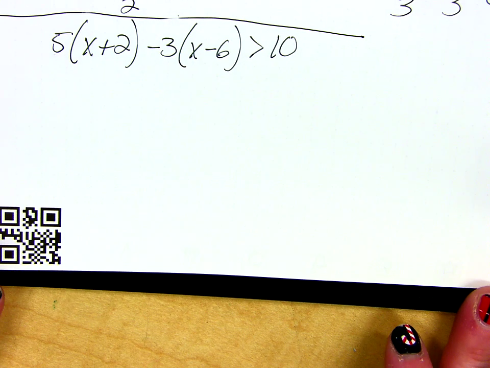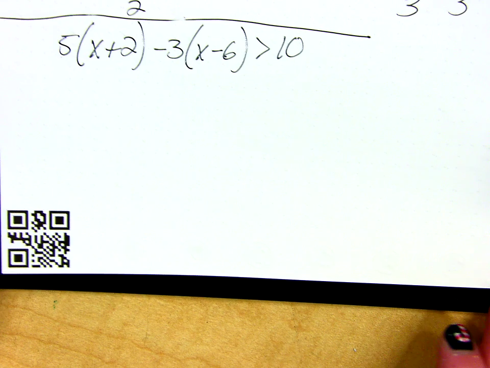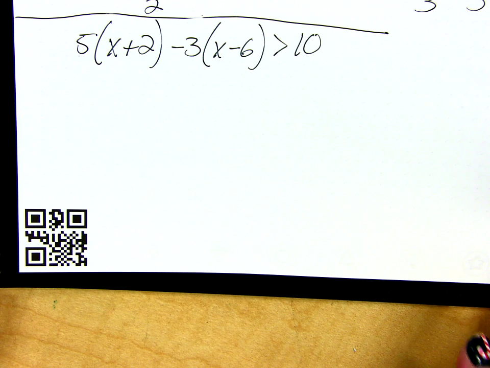Guys, go ahead and try this one. Do what you think you're supposed to do here. I would distribute first. Get as far as you can. Try it, distribute. See if you can get x all by itself.